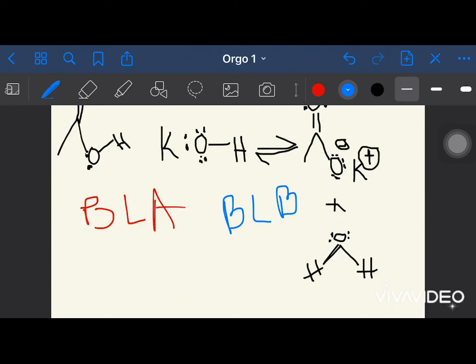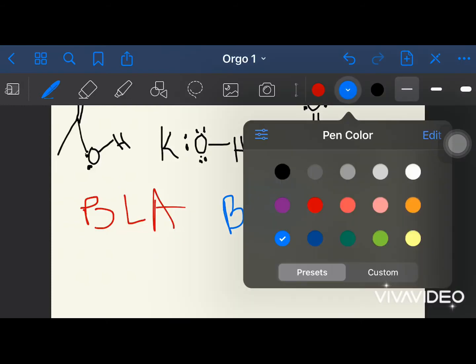Next, we will be getting into the transfer of electrons from the oxygen that is connected or sharing electrons with the potassium to the hydrogen that is connected to the oxygen on the acetic acid atom.